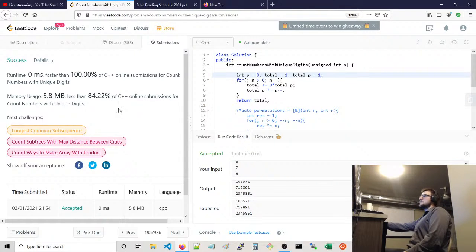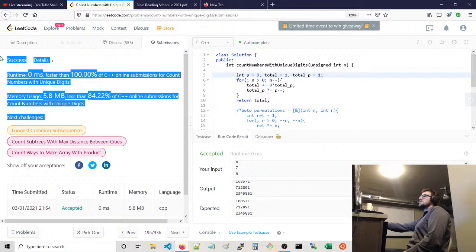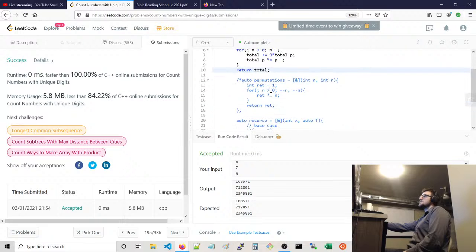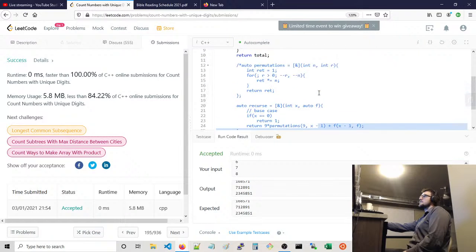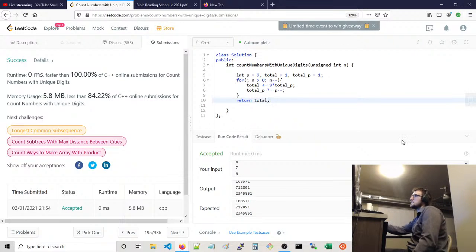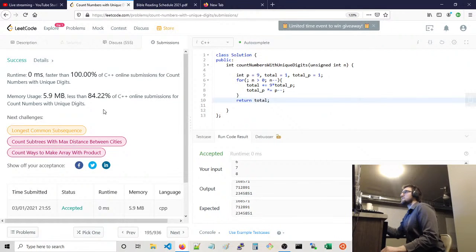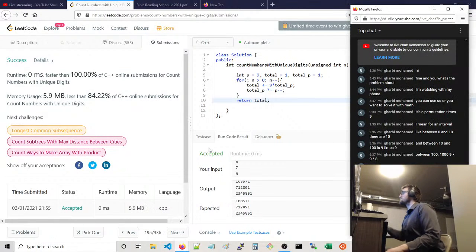So you can compute this very quickly, which is pretty neat. Obviously we were already at 0 milliseconds, but I guess it uses less memory. In my opinion, it's a little more clever, a little faster way to implement this. That's pretty cool. Not too shabby.